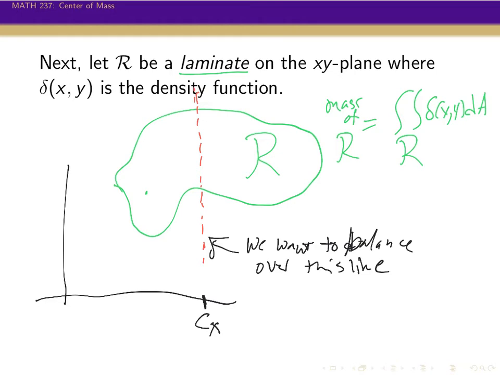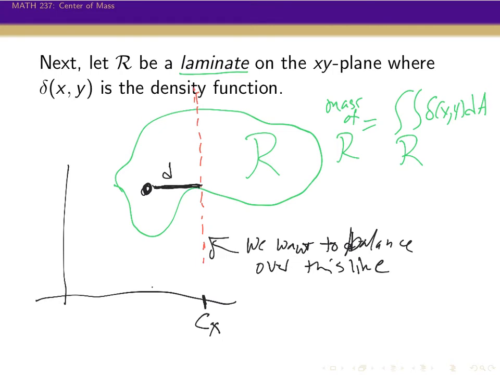Right. And so the thinking here is that for some point off of here, the force that's pulling this point down on the left, I can go back to the thinking that we did originally with the point masses. The force here is going to be proportional to this distance right here.